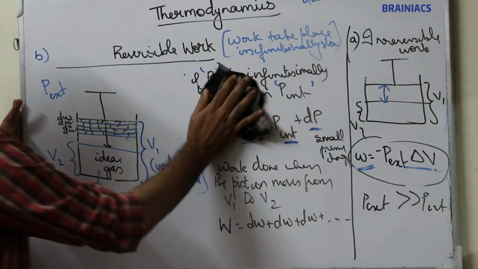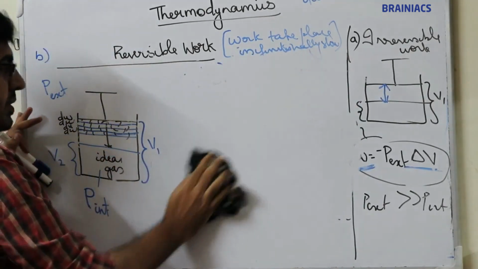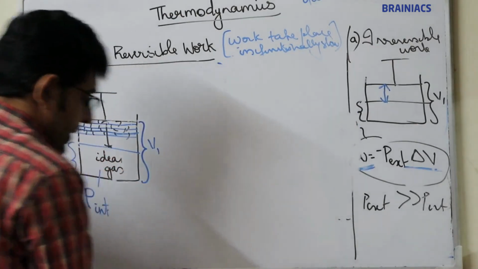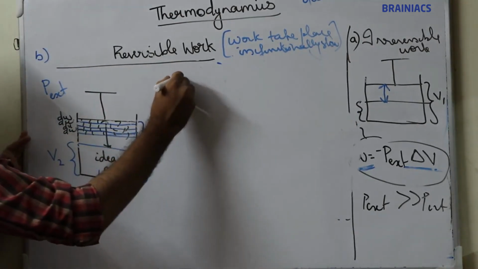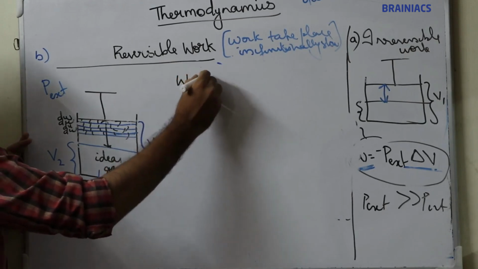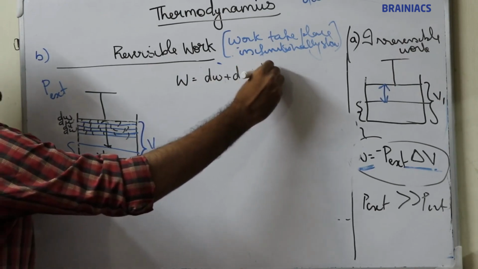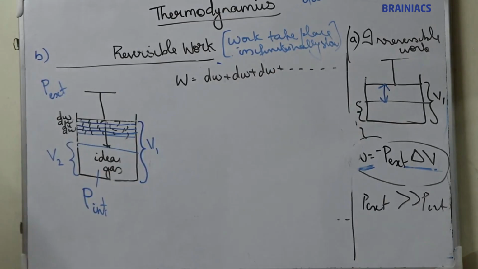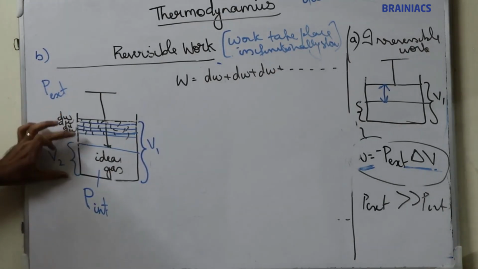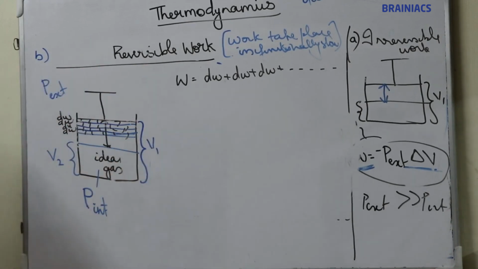Now, total work is equal to dW plus dW plus dW plus dW and so on. So total work when the piston moves from V1 to V2 is, we have to add all the work done during each step.